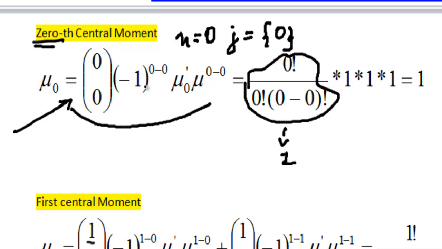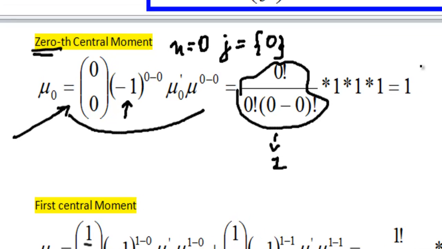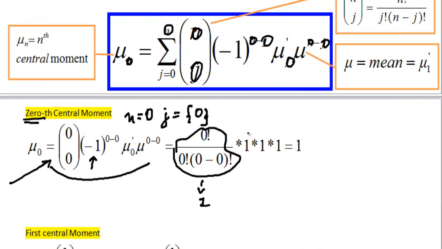Now, how about minus 1 to the power of 0? Anything to the power of 0 is just 1. How about the zeroth raw moment? If you remember from the definition of expectation, it is just E of X to the power of 0, which is the same as the expectation of 1.